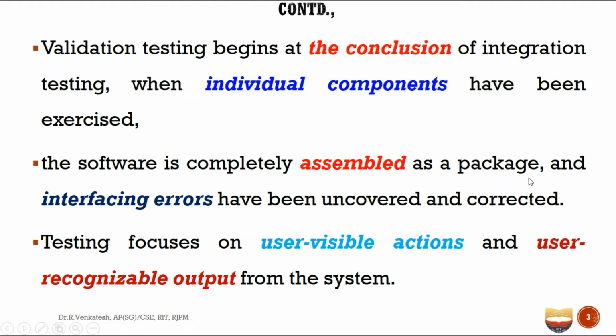Whenever we complete integration testing successfully, and the interfacing errors are covered, only after that should we start the validation testing. Normally, validation testing is focused on user visible actions and user recognizable output from the systems.